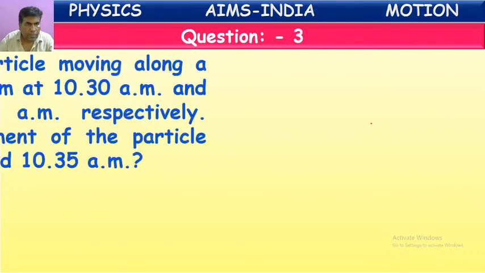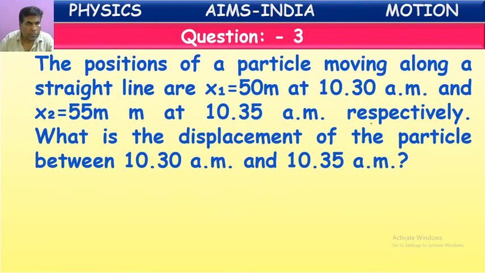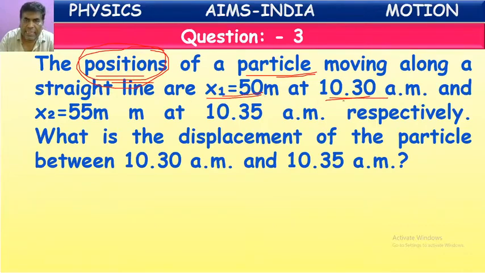Next, question number 3. See, the question is somewhat big. The positions, meaning two or more positions. The positions of a particle moving along a straight line are x1 equal to 50 meter at 10:30 am and x2 equal to 55 meter at 10:35 am respectively.